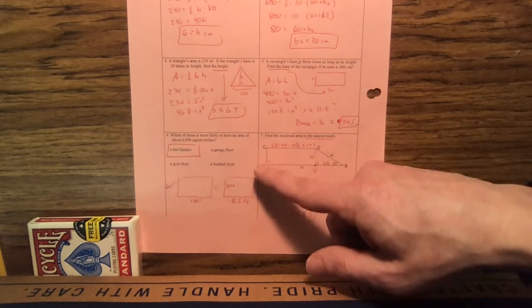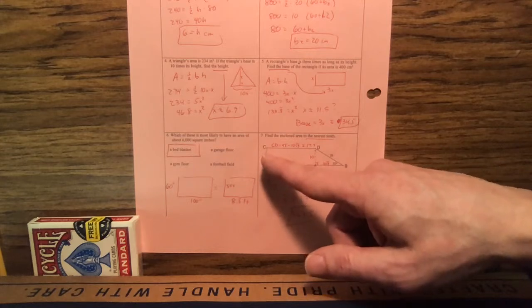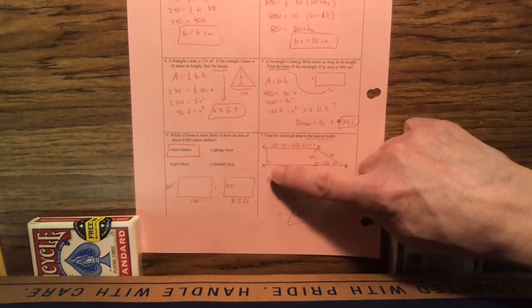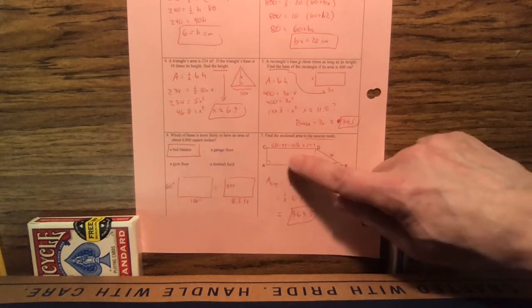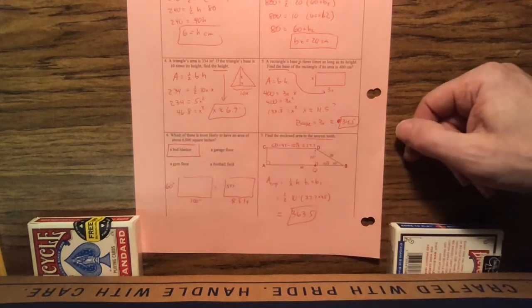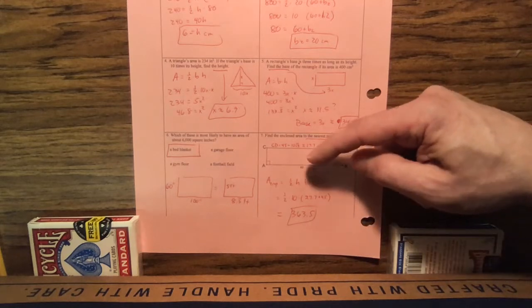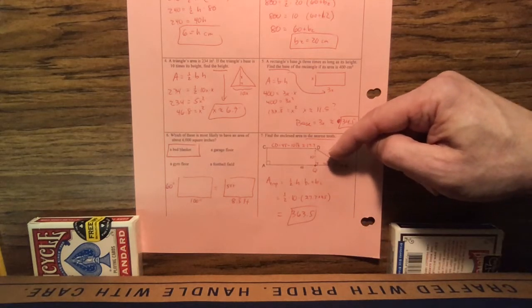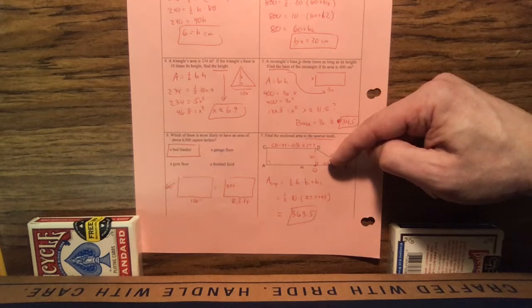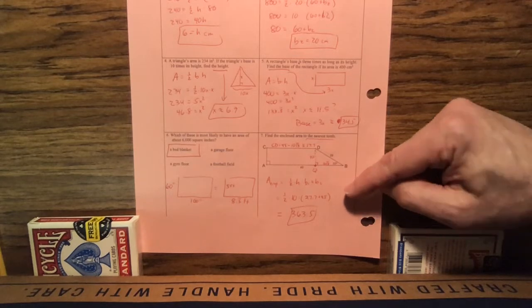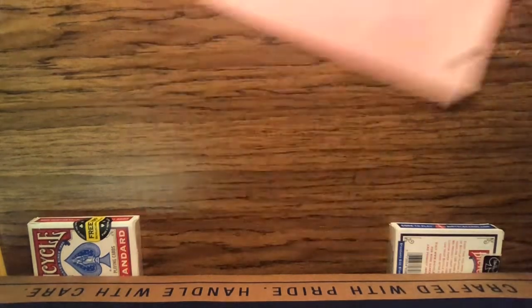But if this side of the trapezoid over here were also at an angle other than 90 degrees, we'd have a triangle on that side also. So I think sometimes cutting it into a rectangle and a triangle or triangles can be perhaps a little more work than just using the trapezoid formula, but I don't care if you want to do it that way. It's totally up to you.